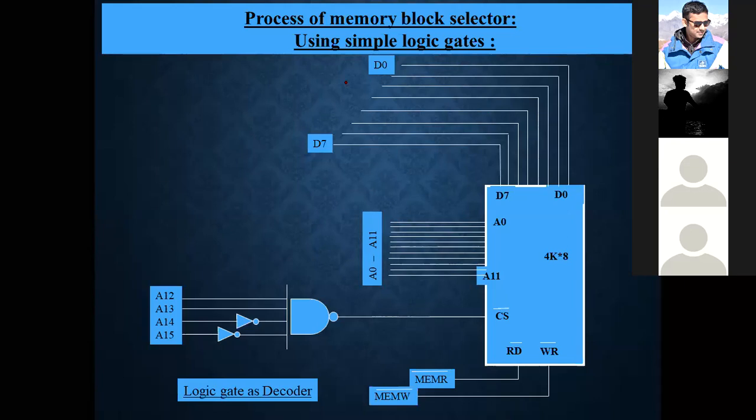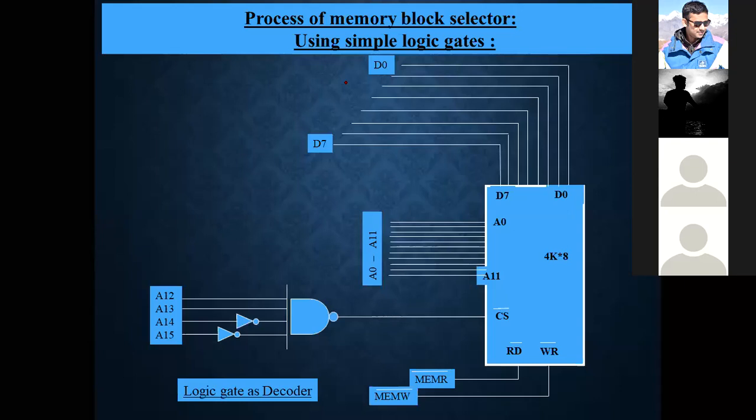So we can also remember that 2 to the power 10 into 2 to the power 6 was 1K into 64, that is 64 kilobytes. So 64 kilobytes can be addressed by this 8051 microcontroller. While addressing 64 kilobytes of memory locations, we need 16 address lines.